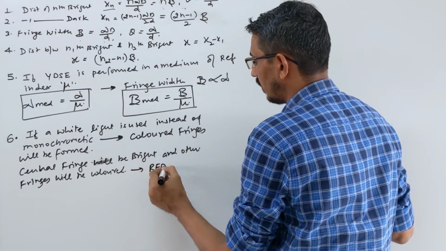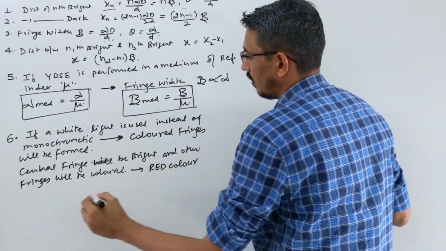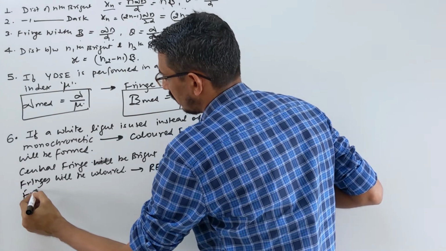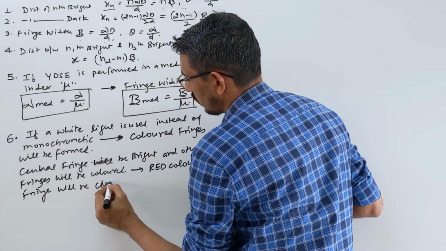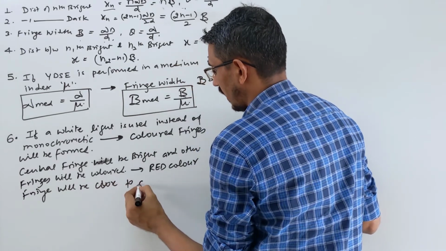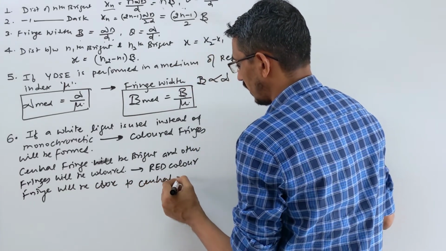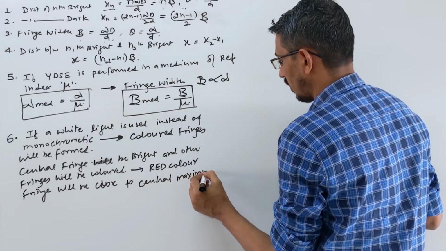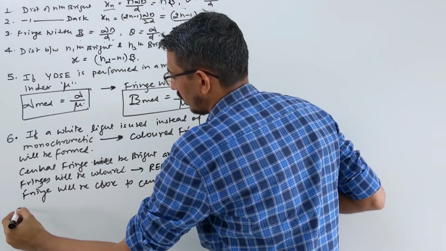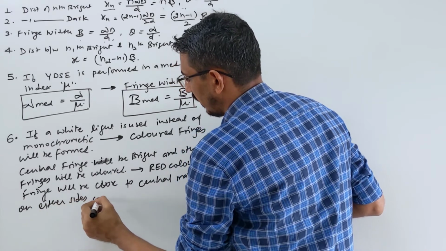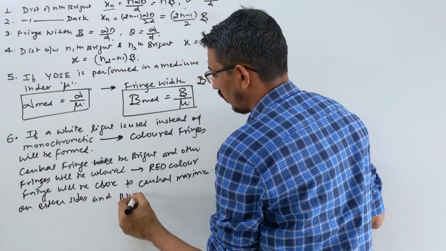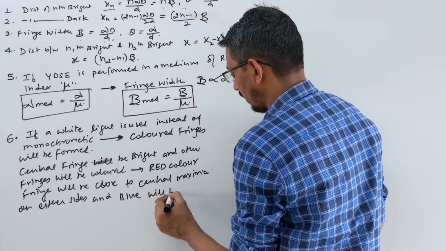Red color fringe will be close to the central maxima, the central fringe, on either side, and blue will be the farthest.